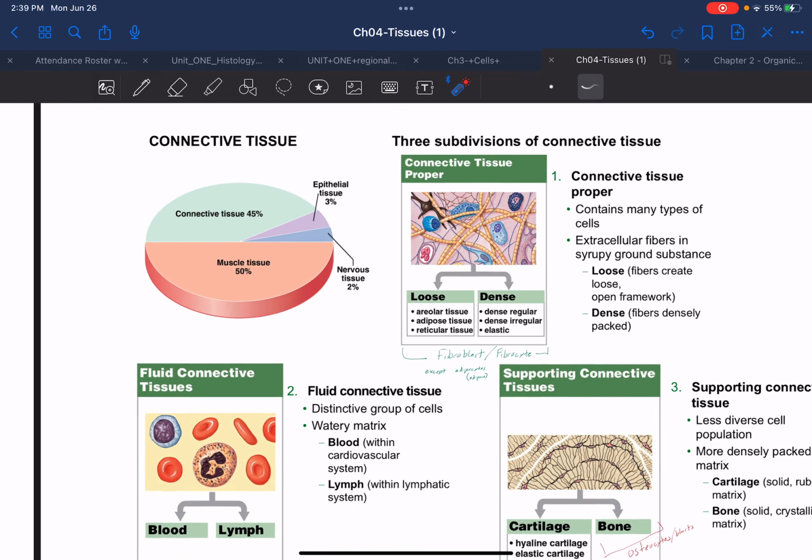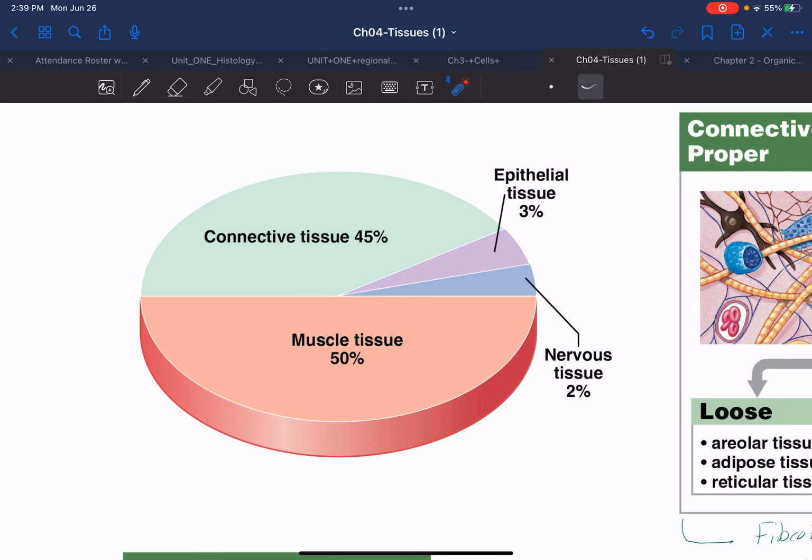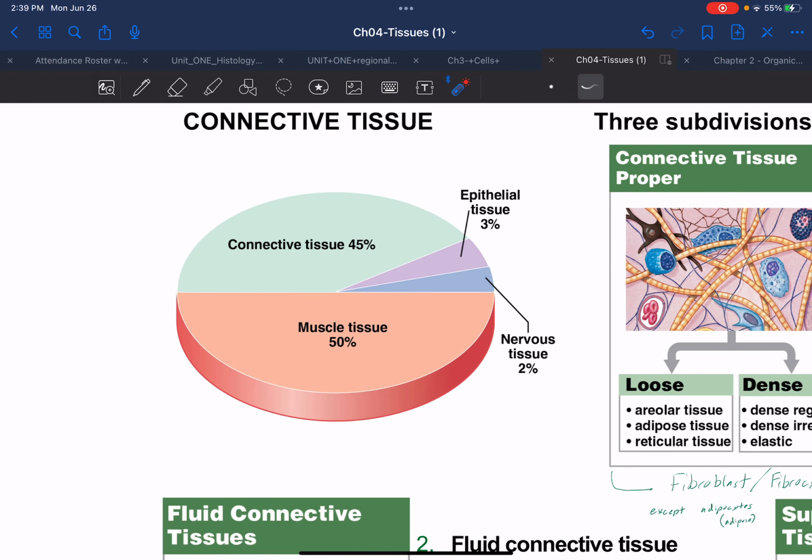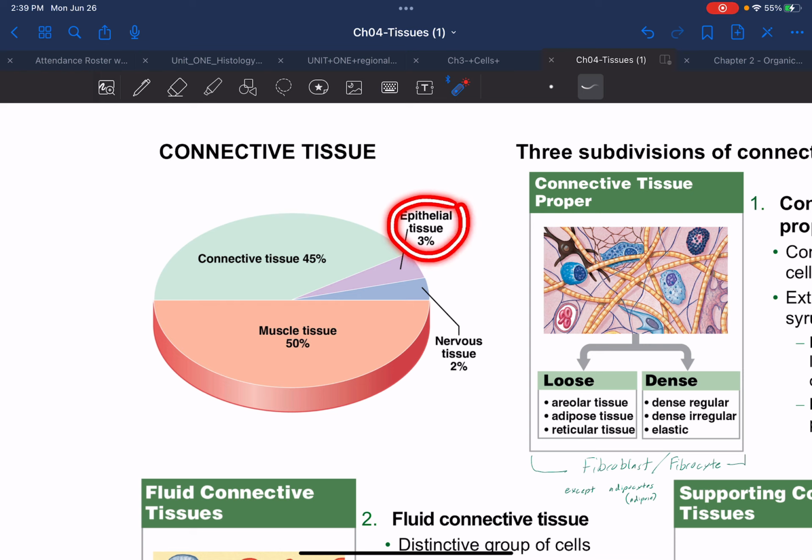All right. So as we look at this pie chart here, your entire body is made out of only 3% epithelia. Only 3%. All those simple, stratified, transitional, squamous, columnar, all of that only makes up 3%.